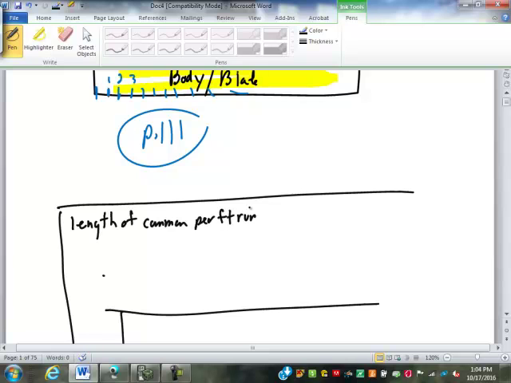Per foot of run is usually how it's labeled. What that is saying is, if you have the slope of your common rafter, this will give you the length of the rafter if you know what the run is.